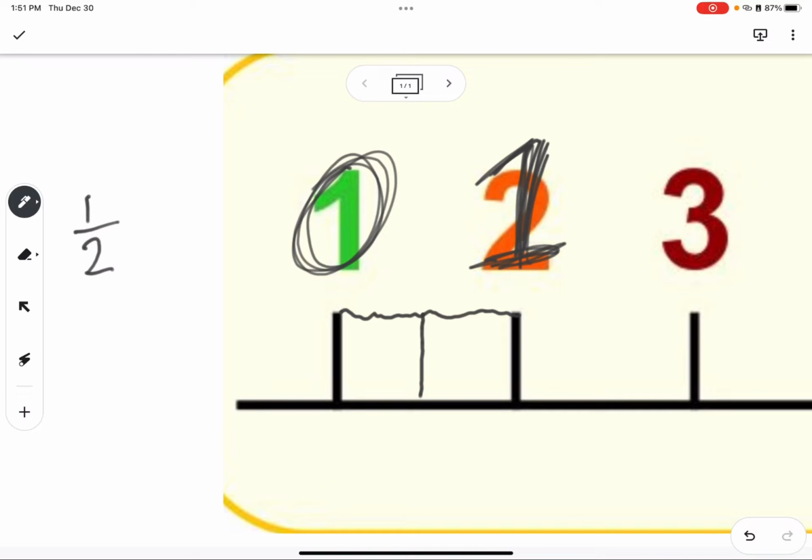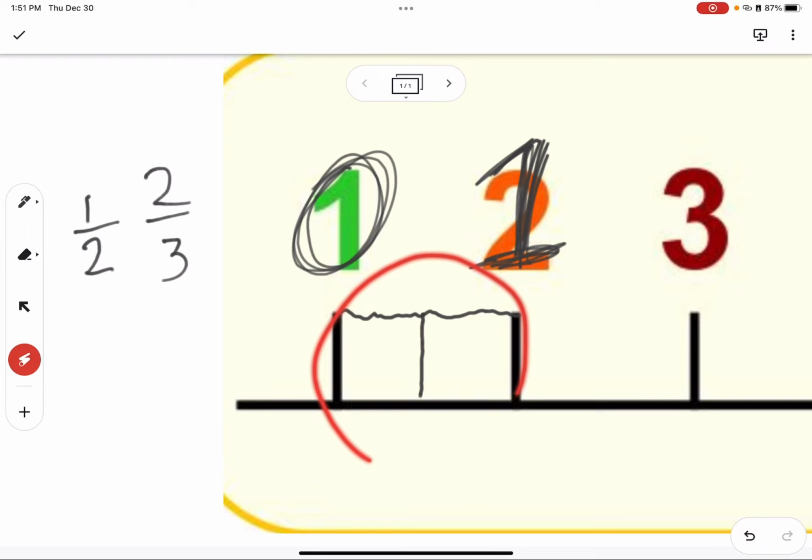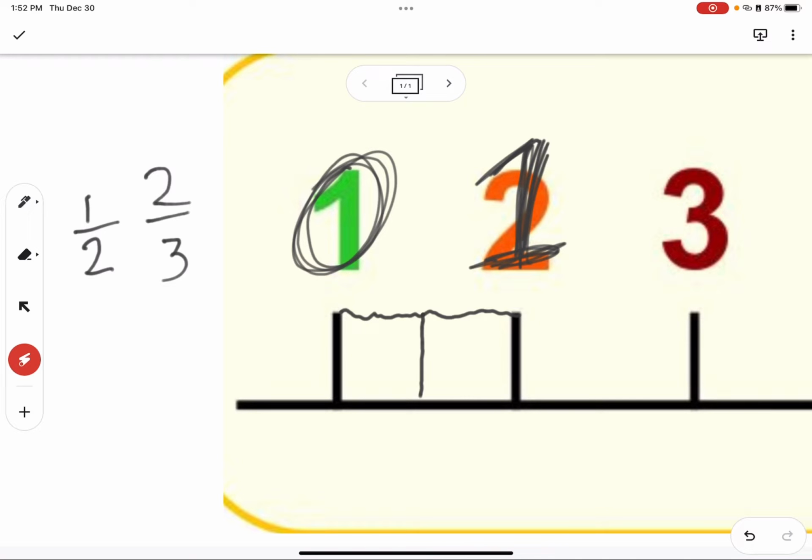If I have 2/3, then how many parts is the whole divided into? Again, the whole is all this distance between the 0 and the 1, or all this distance between the 2 and the 3. We've got 1 distance from 2 to 3. So if we're going to take this distance and represent this fraction, how many equal parts am I going to divide it into?